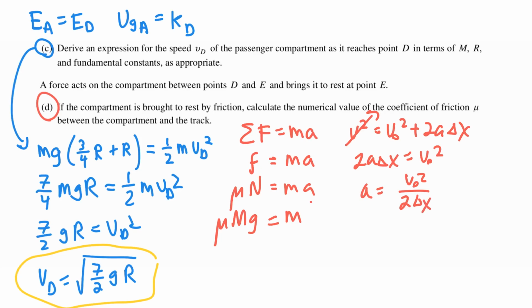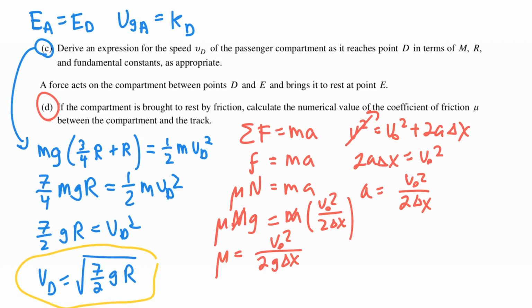Substituting that expression in for the acceleration, we should be able to find that the masses will cancel, and if we divide by g, we have an expression that's about halfway to where we want it: v naught squared divided by 2g delta x.